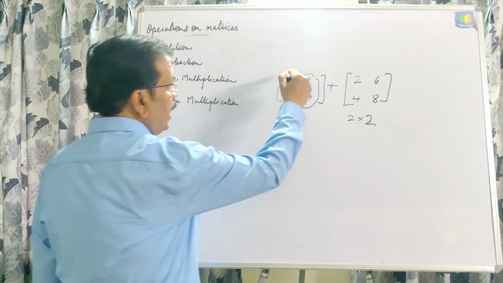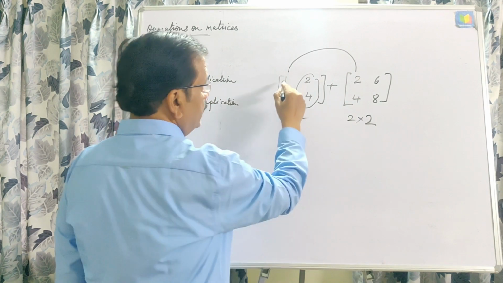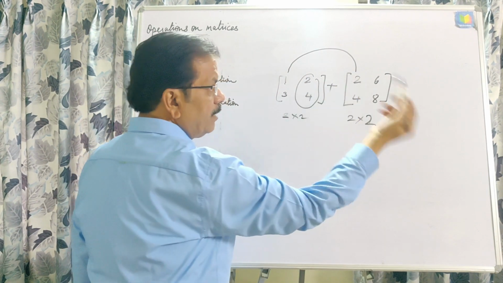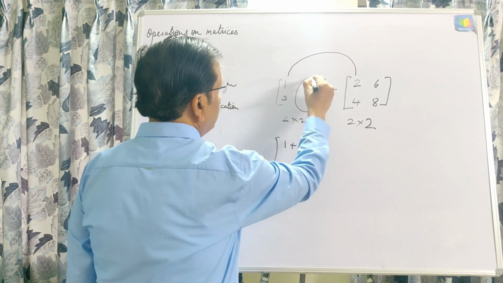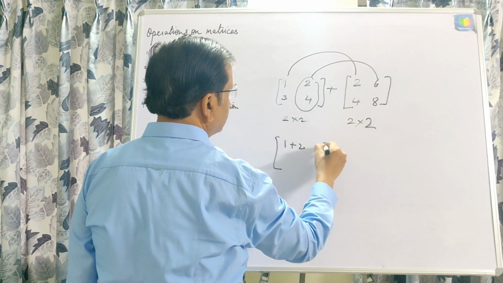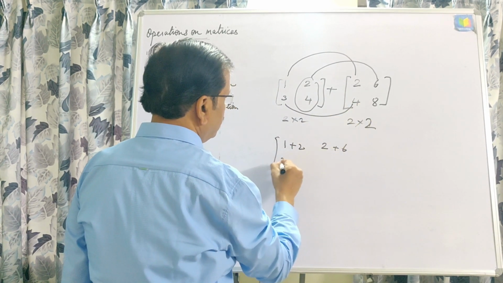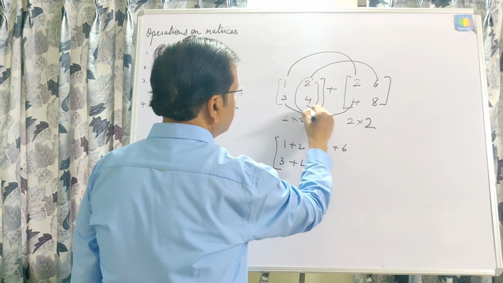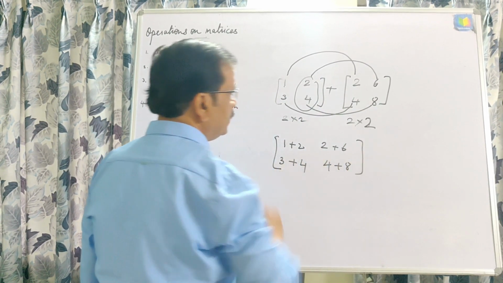And whenever we are adding, corresponding elements are added. This corresponds to this for the second matrix. Now the addition will be 1 plus 2. This corresponds to this, addition will be 2 plus 6. This corresponds to this, 3 plus 4. And this corresponds to this, that is 4 plus 8.